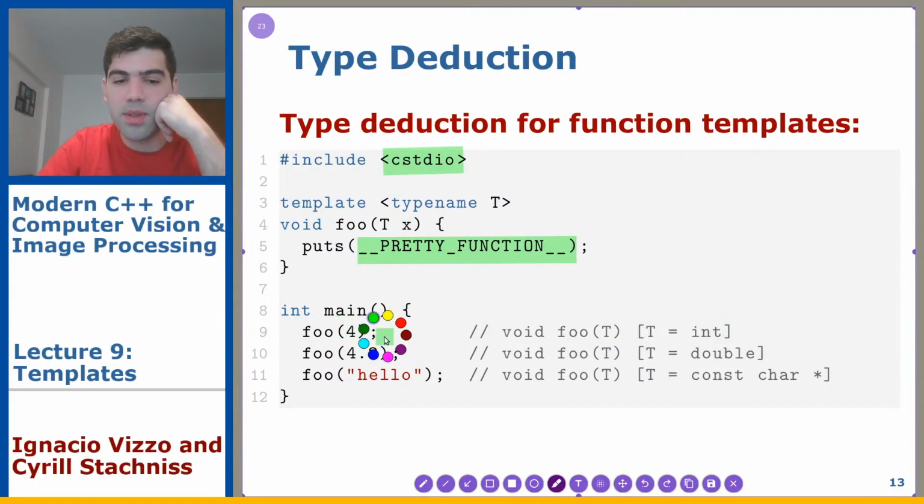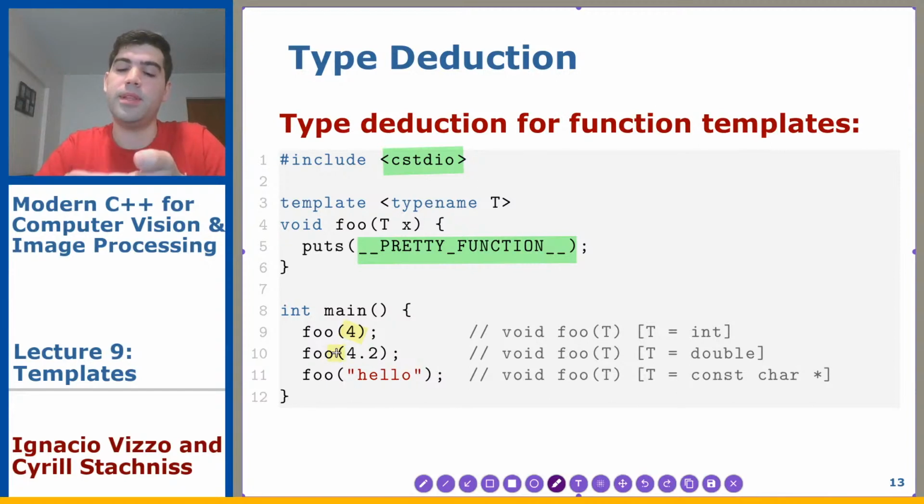And why? Because this 4 is an integer value, and then at compile time the compiler will inspect this call and say, okay, this is an integer value, and then let me check your function template. You have one t, okay, it's easy. So you're asking this to be an integer, so I will do it for you. Don't worry, no need to use angular brackets. I will deduce the type for you.